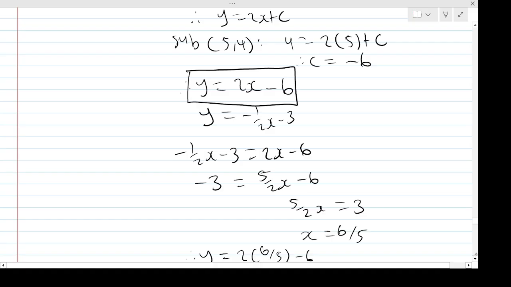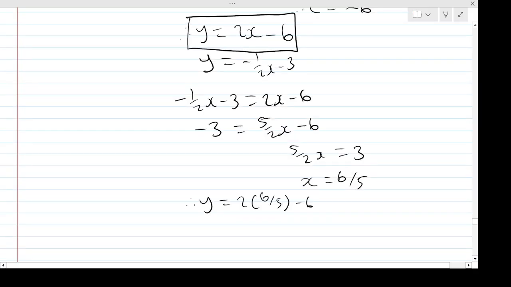Then the corresponding y value, if I put that in a calculator, would be minus 18 over 5. Cool, so therefore P, the point of intersection between the two lines, was 6 over 5 for x and minus 18 over 5 for y.